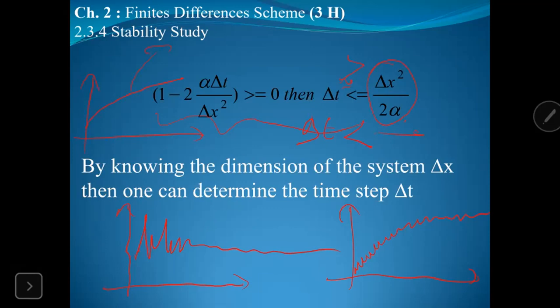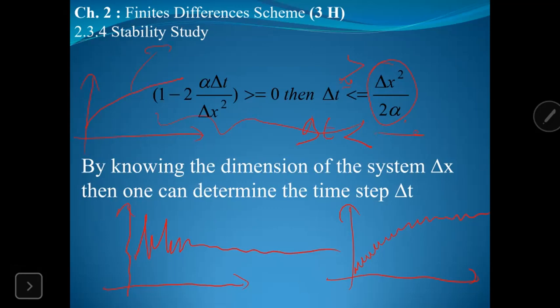Whatever the initial profile, the stability study is required, and a good initial profile must be used. For a good initial profile, the initial and boundary conditions must be true to get the true values.